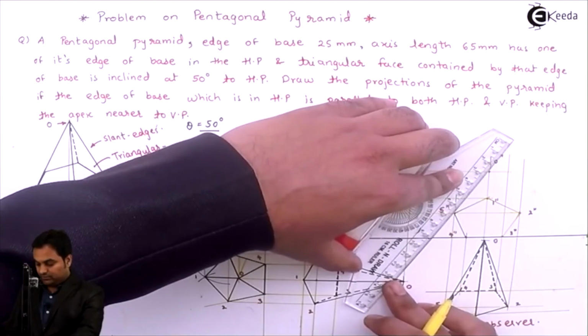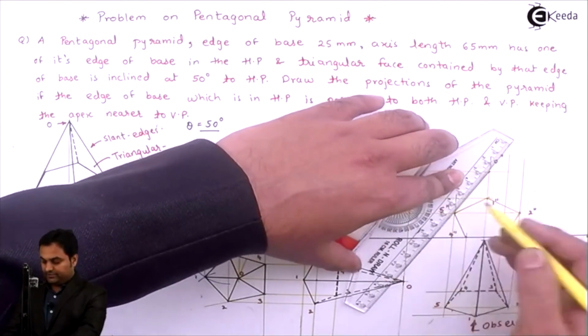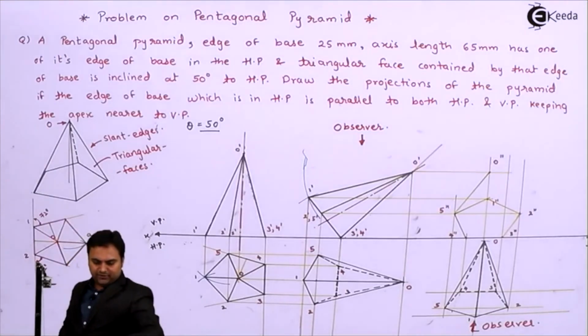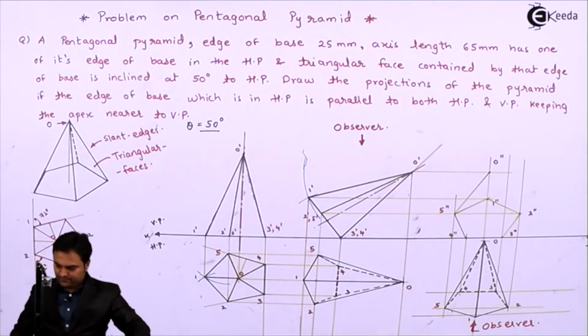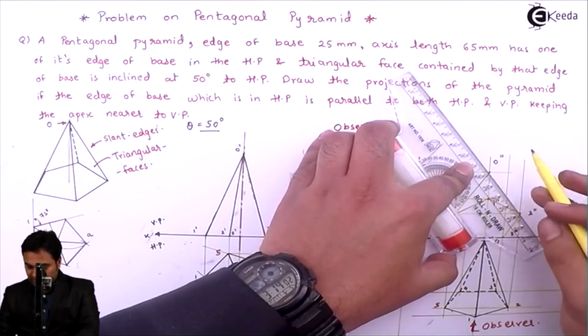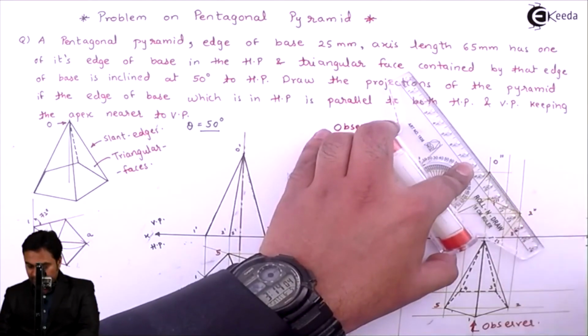At the same time they are outlines, so they will never be hidden, they should be dark lines. Next, O22 will be connected. So now here I'll be joining the outline edges, that is connecting O double dash to 2 double dash with the help of light line first, and then I'll make it dark.